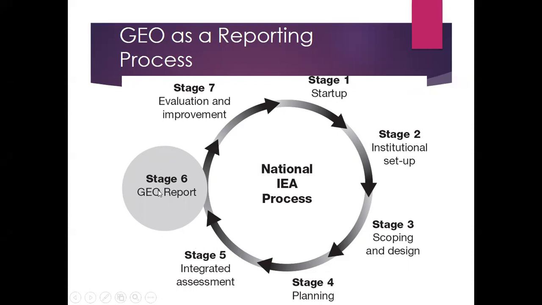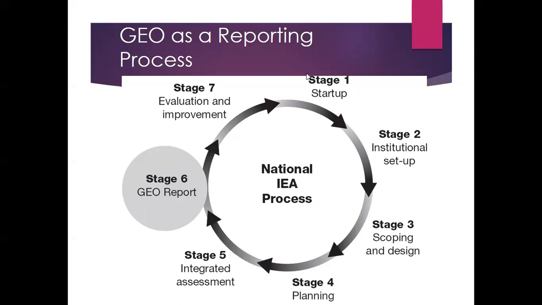From stage 5, this is where you develop your report. And that report is what is going to contain all the information and all the analysis, evaluation, etc. From the report, somebody would take that report, do an evaluation, and make some decisions for improvement.